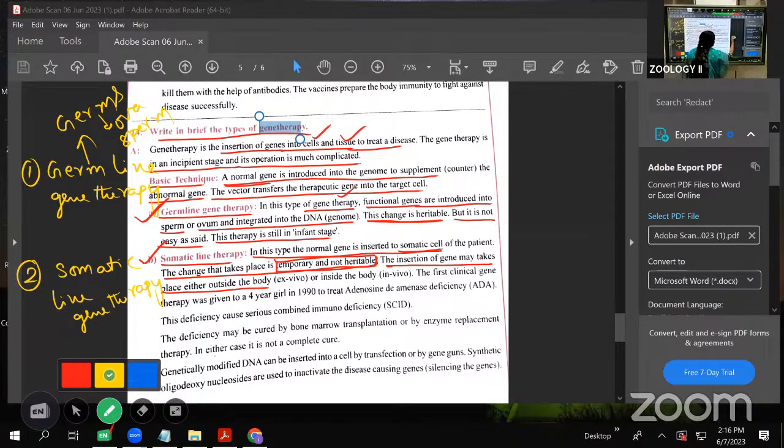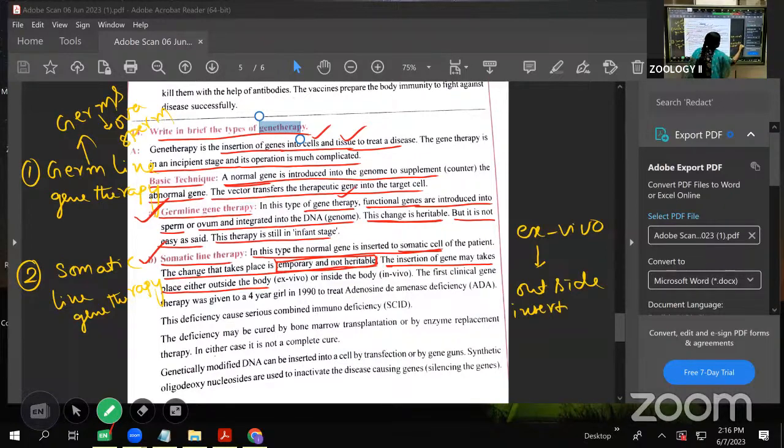Ex vivo means outside insertion of gene to somatic cell. Here, outside insertion is called ex vivo.